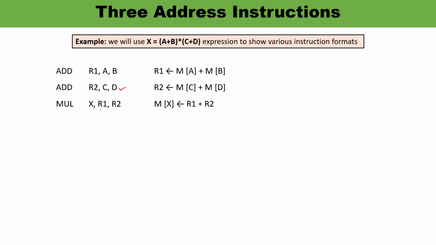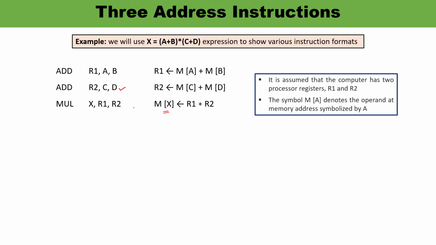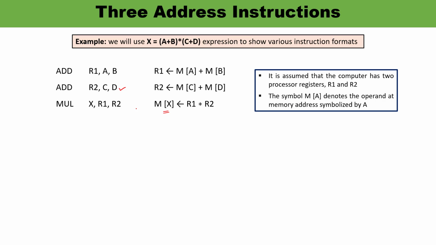Now MUL X, R1, R2 means multiplying R1 and R2, and this result is copied into the memory location X. In each and every instruction you will find three address fields. Here we have assumed that the computer has two processor registers R1 and R2, and the symbol M[A] or M[B] denotes the operand at that particular memory address. A means that particular memory location of A, and B means that of B.